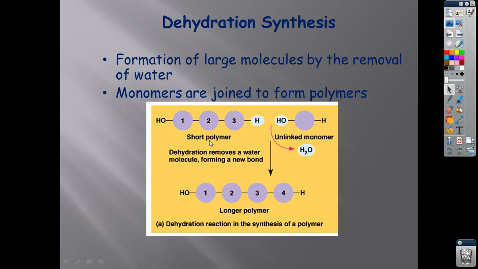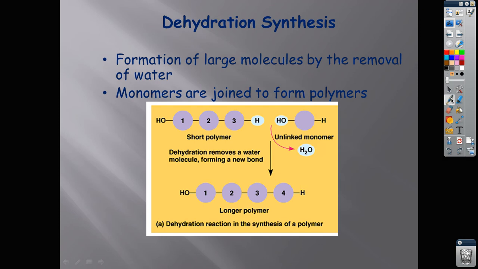So going back to this, if you've got your short polymer here with your HO at the beginning, and your hydrogen toward the end, if you've got an unlinked monomer, when this HO combines with that H, what are you doing? You're going to have water.